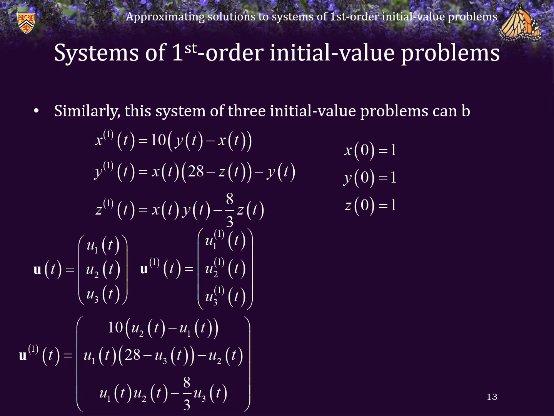And as you can see, we now represent x, y, and z as u1, u2, and u3. So this is our vector valued function of the independent variable t and the position vector u. Of course, we also have our initial condition at time t equals 0. The three values are 1, 1, and 1, although you could choose whatever you needed at the time.